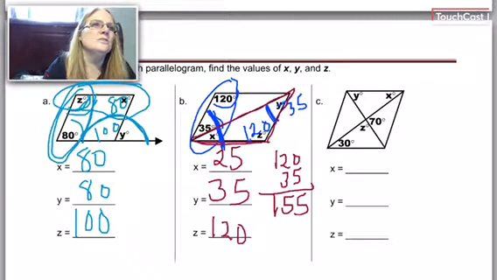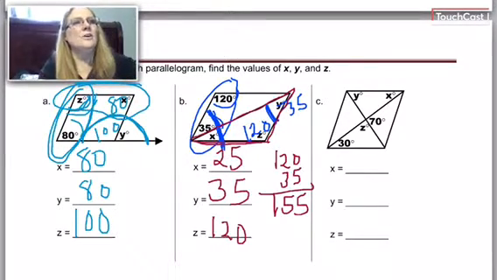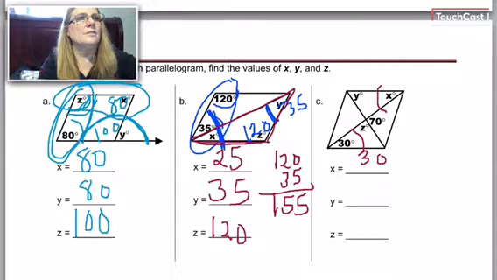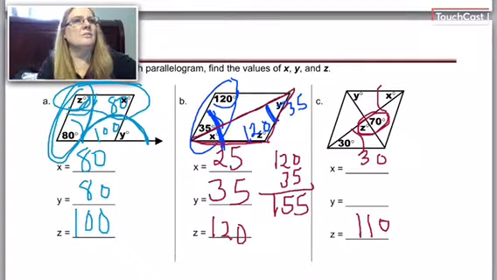On the last one, okay, alternate interiors, so 30 and x has to be 30. These two form a linear pair. So if this is 70, z has to be 110. This would also be a linear pair going this way.